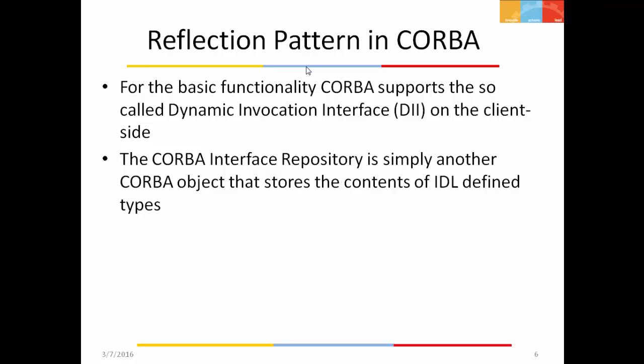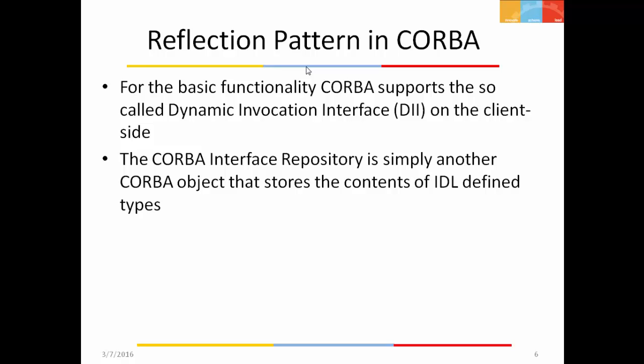So when the client first gets the interface repository object and makes a method call, that call returns the types of servers that are there and the methods that the server can support, and then the client can look at the server and its methods and make the method call.